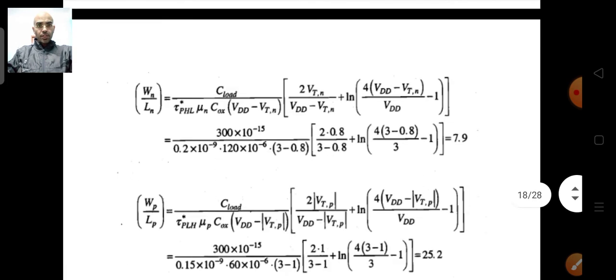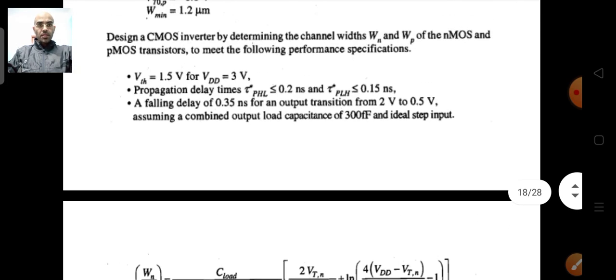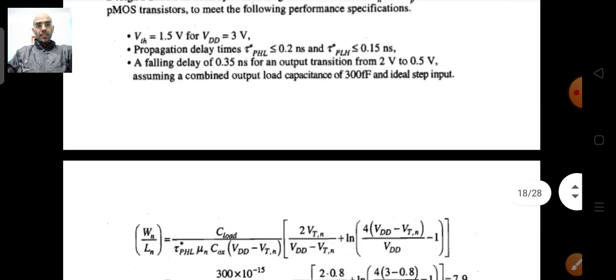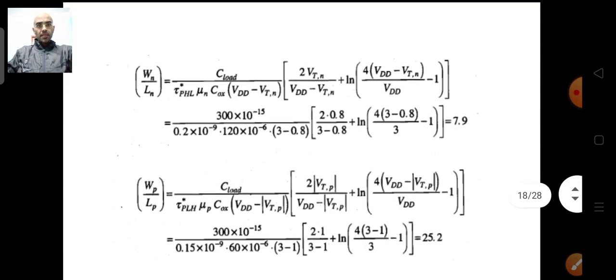So you see, as the things are given here, let's first start with our propagation delay. What we want is tau PHL as 0.2 nanoseconds and tau PLH as 0.15 nanoseconds. The equations which we have seen earlier, if we rewrite those equations, can become something like this.